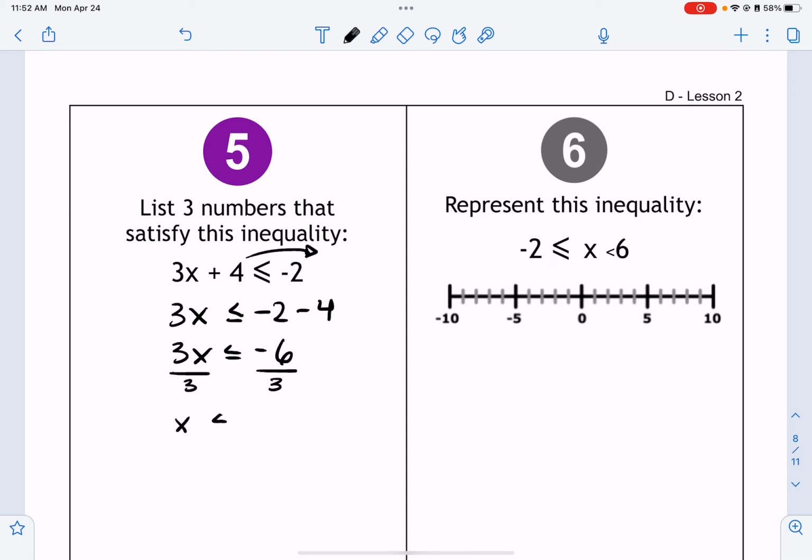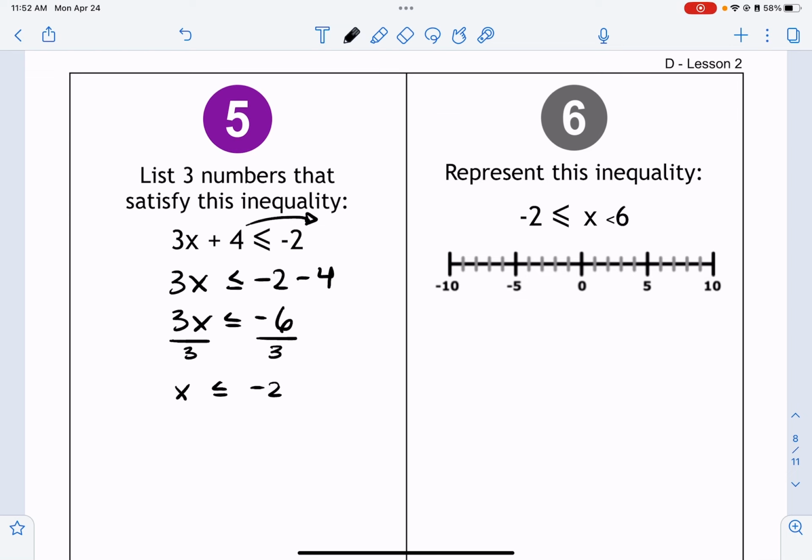Now x is less than or equal to negative 2. This makes sense because if we multiply a number by 3 and it has to be less than or equal to negative 6, our number should be less than or equal to negative 2. Now we can just use this inequality. What satisfies this? Well, negative 3 does, negative 4 does, negative 5 does. This would be a little trickier to do in your head from the initial inequality.